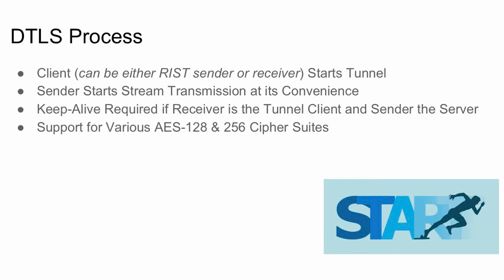DTLS process. One of the more confusing things when you're setting up a tunnel with RIST is that which is the client and which is the server depends upon which side is starting the connection. So it becomes a little bit confusing because it's sender of the data, receiver of the data, and then it could be opposite as far as the tunnel is concerned based on who initiated the connection.